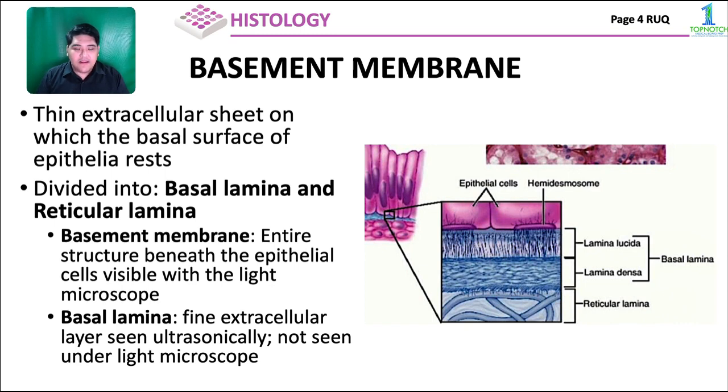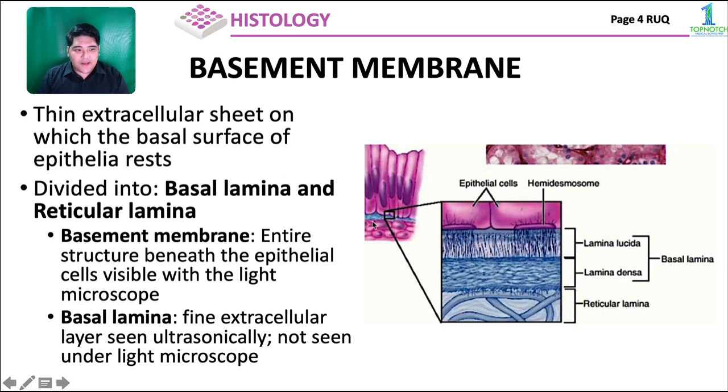This is a thin extracellular sheet on which the basal surface of the epithelia rests. Now, your basement membrane is divided into your basal lamina and your reticular lamina. So, yung basement membrane nyo, that is the entire structure beneath the epithelial cells. Ayan usually yung na-observe natin with the light microscope.